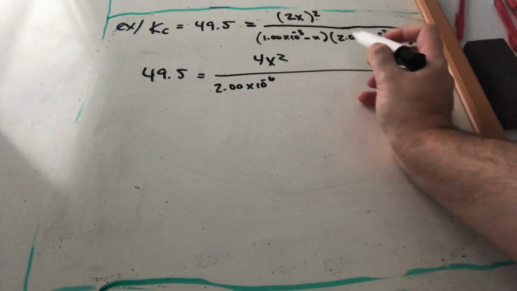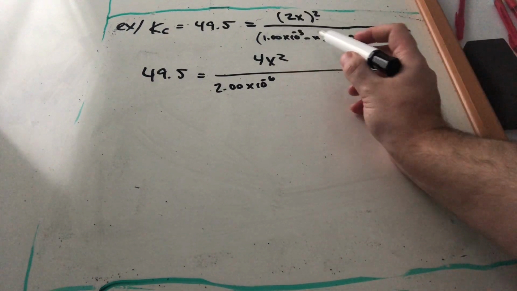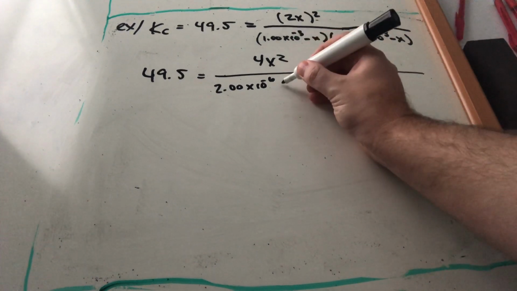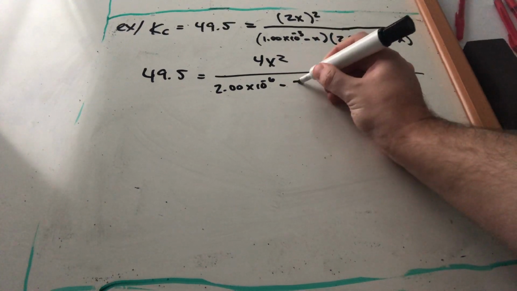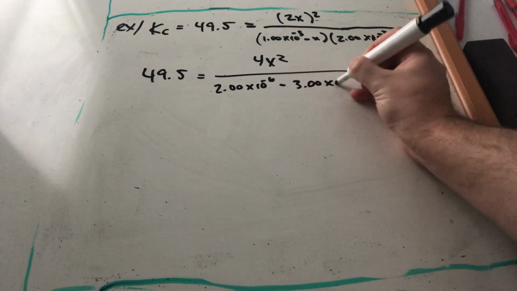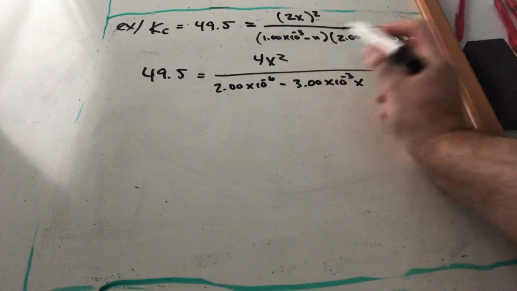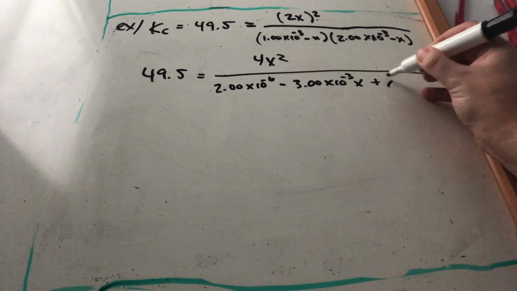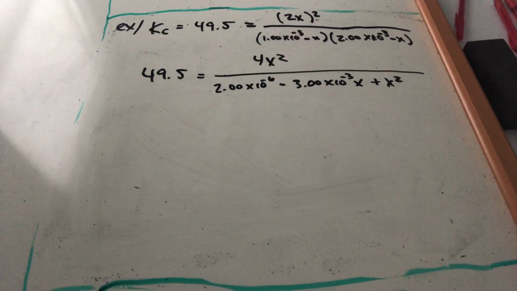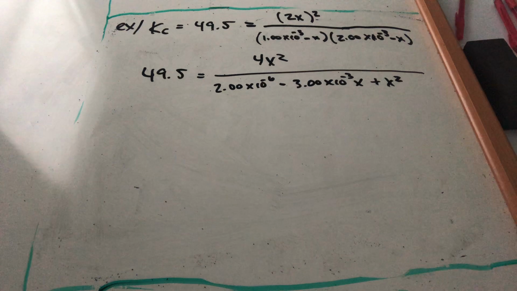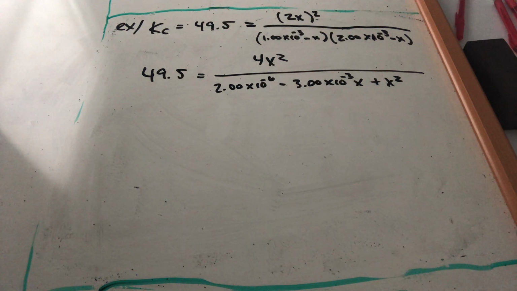This times this plus this times this is going to give me minus 3.00 times 10 to the minus 3 x. This times this gives me plus x squared. We use that FOIL method on the bottom. And again, if that's something you need to remind yourself algebraically of how to do, well, we just did it together there. So go back over that and make sure you can reproduce it in your notes yourself.